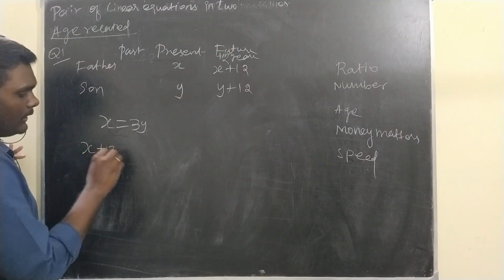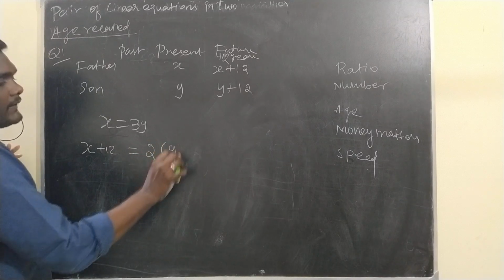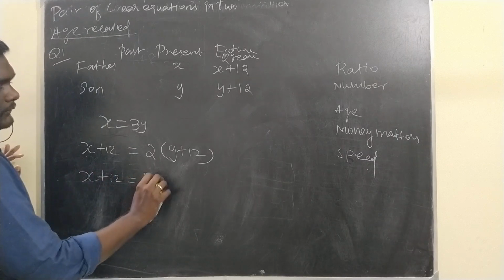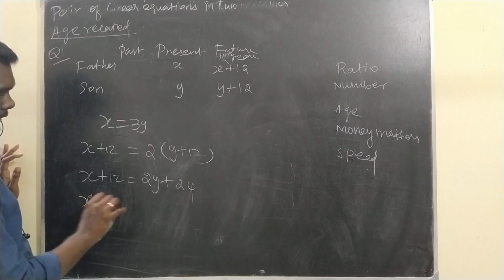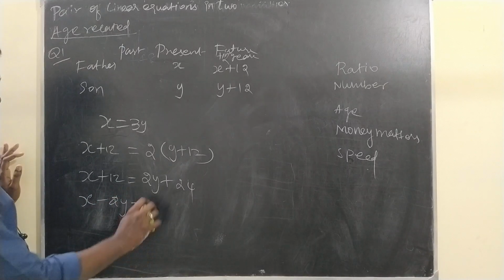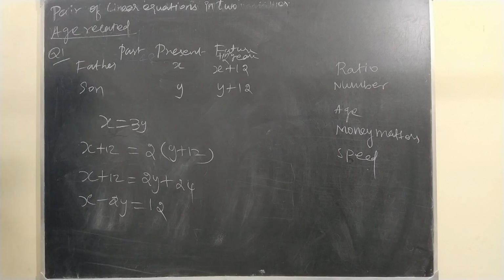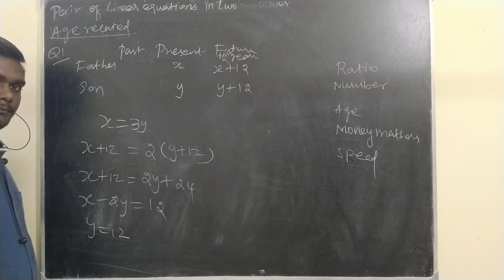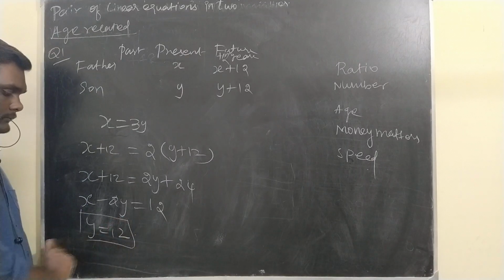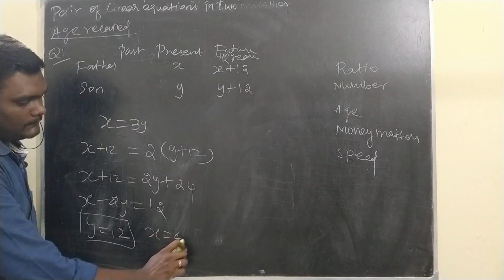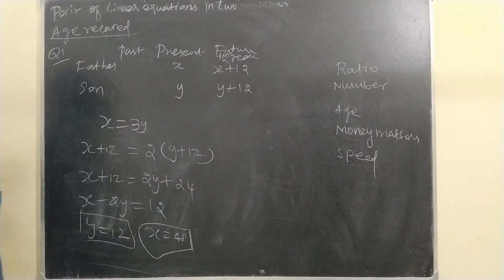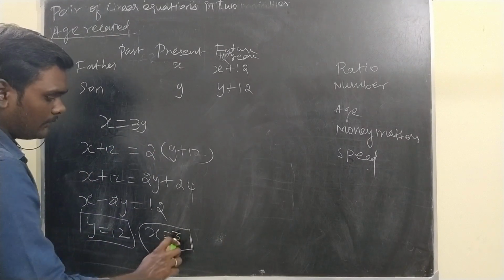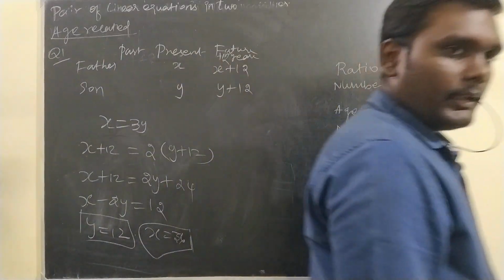Father's age, that is x plus 12, will be twice his son's age. Then you get x plus 12 is equal to 2y plus 24, and you will get x minus 2y is equal to 12. These two we have to simplify. So y is equal to 12. When you substitute, x is 3y, then x is equal to 36. Sorry, 3 times 12 is 36, my bad. Any doubts in this?